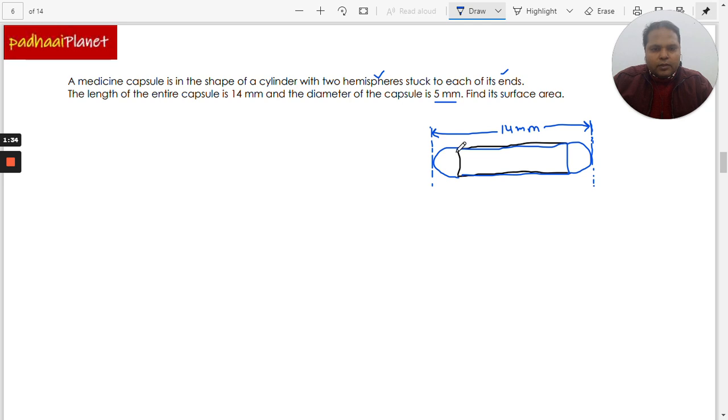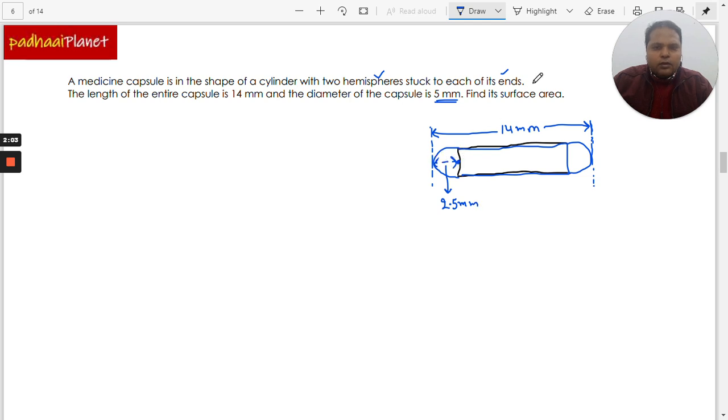So when the diameter of the capsule is 5 millimeter, that means the radius, which is this, because the center of the capsule, the base of the capsule will be this. So this part is the half of it. So that means this is, I would write 2.5 millimeter, this distance.